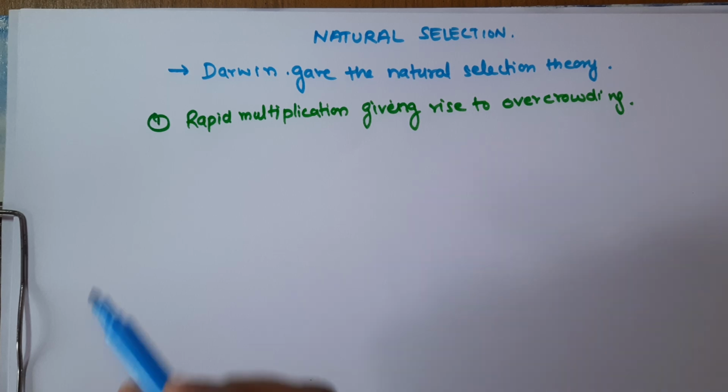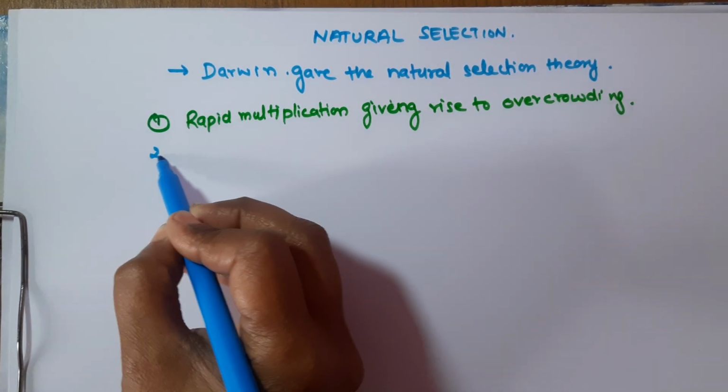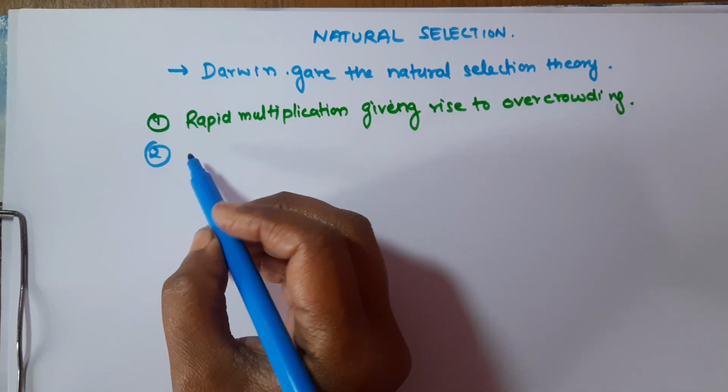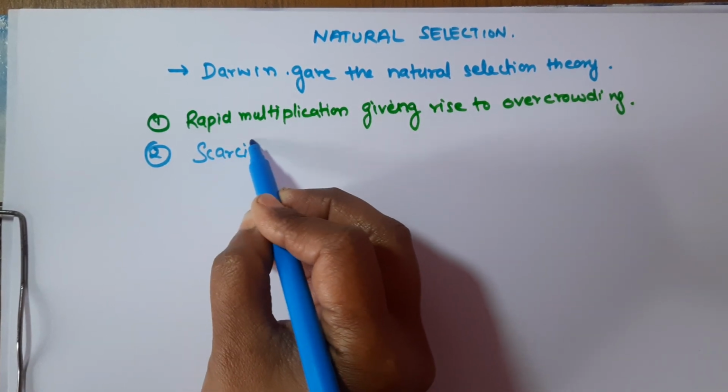Now due to this rapid multiplication, which gives rise to overcrowding, there is a scarcity of food and space. Scarcity means lesser.